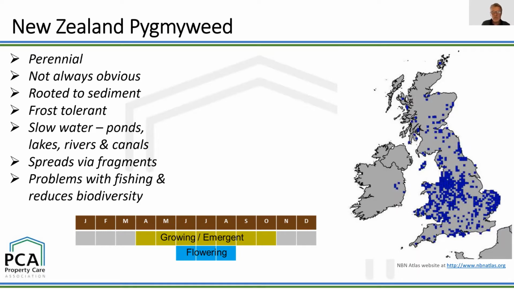It prefers slow water, so ponds, lakes, some slow flowing rivers and canals. It spreads via fragments and can snag up on fishing kit. And here on the right, we can see the current distribution across the UK.